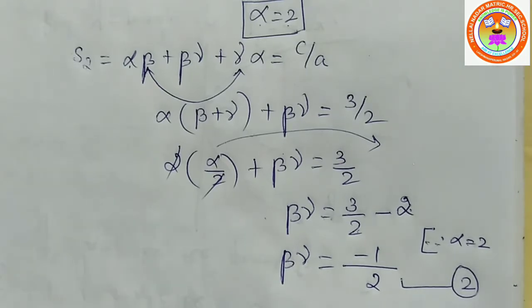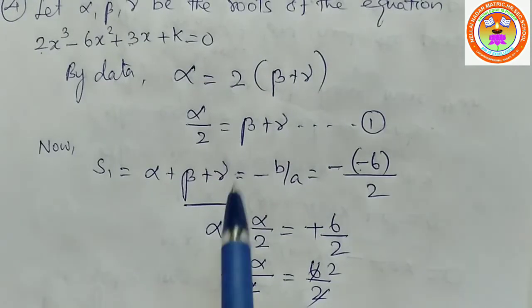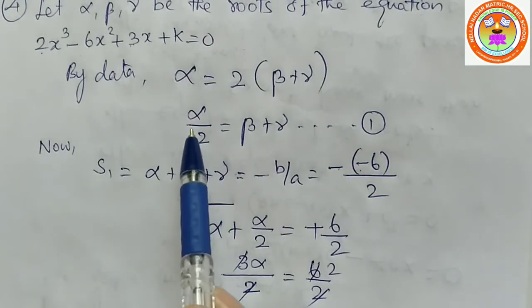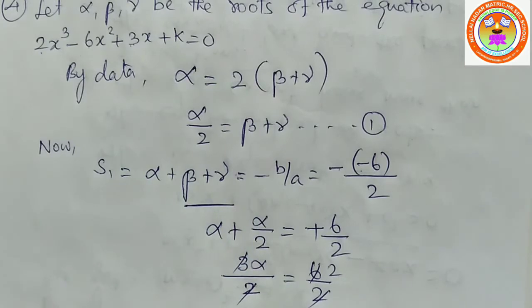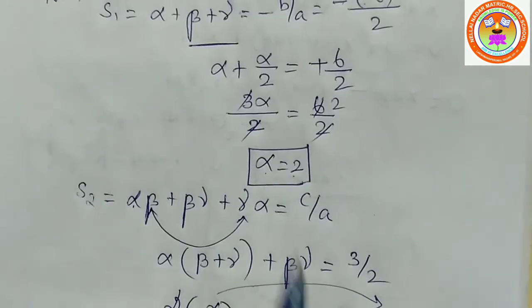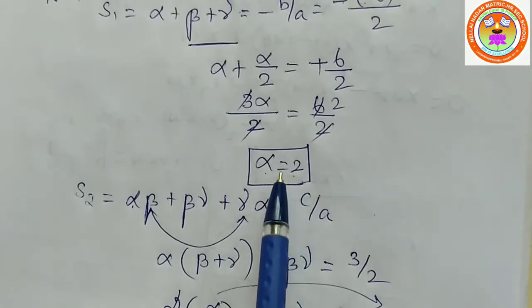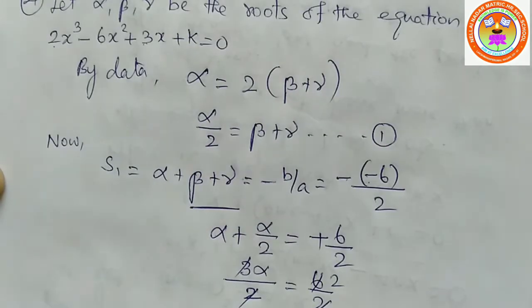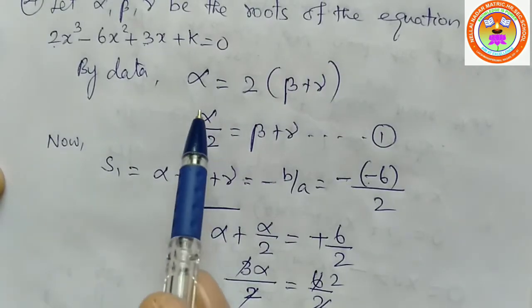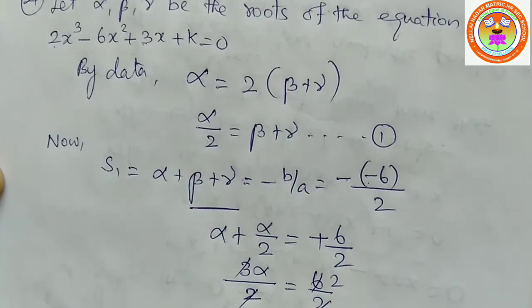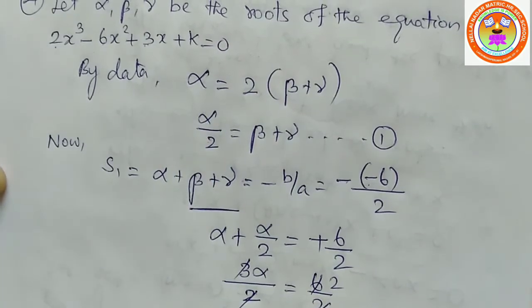But what is equation 1? Equation 1 is alpha by 2 is equal to beta plus gamma. We have the value of alpha also. Alpha is 2, so 2 by 2 is 1. So beta plus gamma is equal to 1.